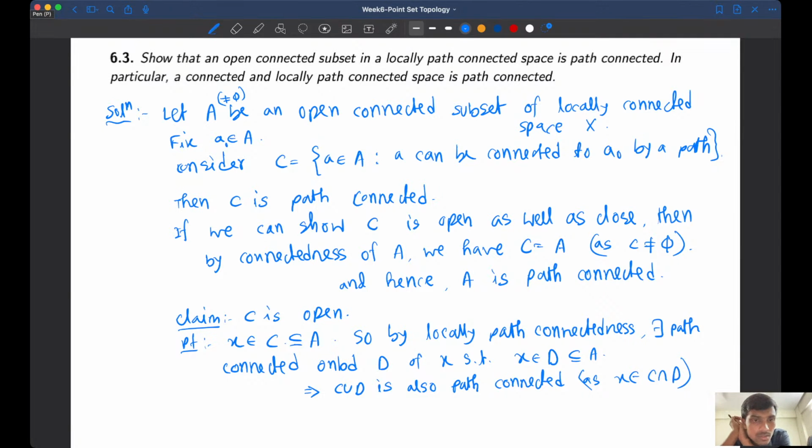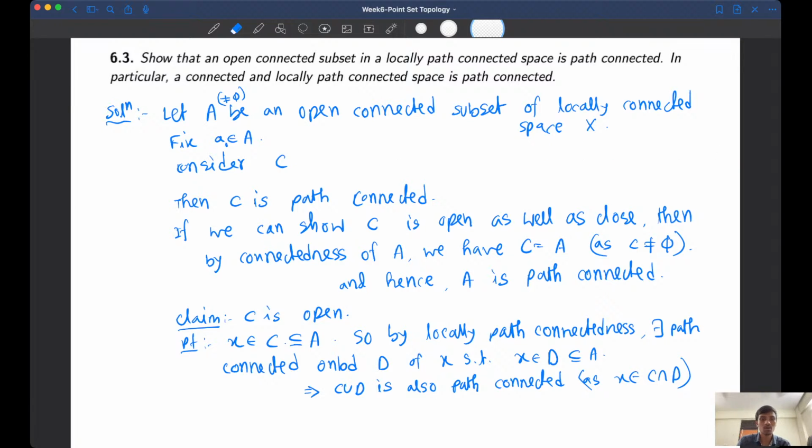Okay, should I take C as just anything or is path component better? Maybe I need the path component instead of this C. Yeah, this will not work. I have to take C as a path component. For a fixed point that will not work, because here I can't say that this D will lie inside C. That's a problem.